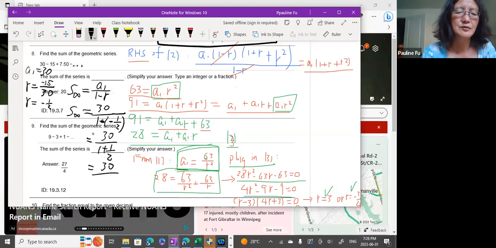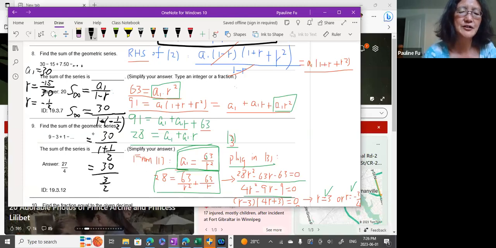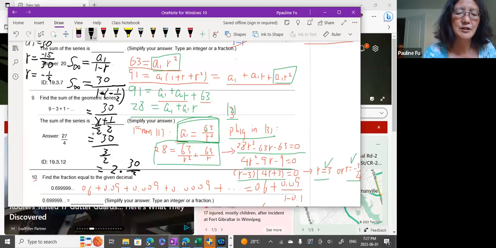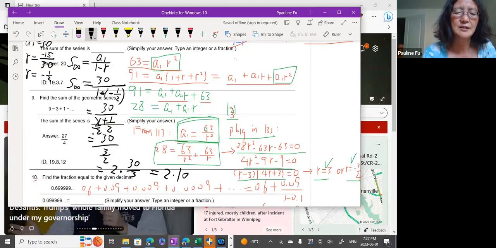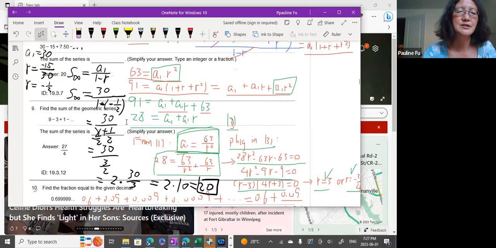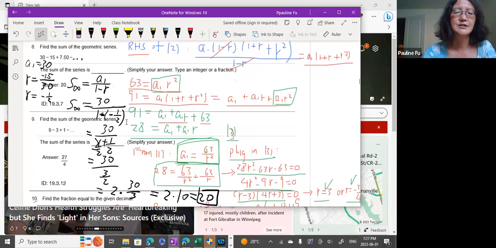So 30 over 3/2, because the 1 is 2/2. Then that equals 2 times 30 over 3, so 2 times 10 equals 20. The final result for question 8 is 20.